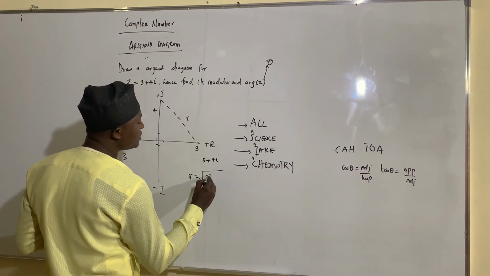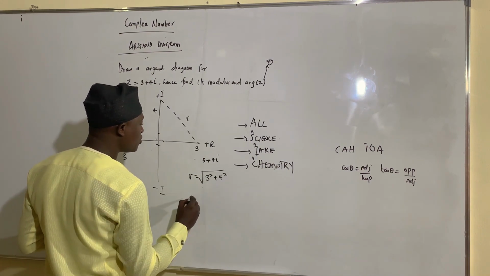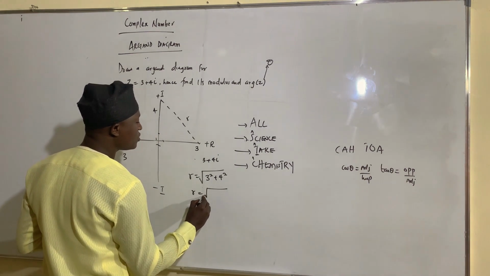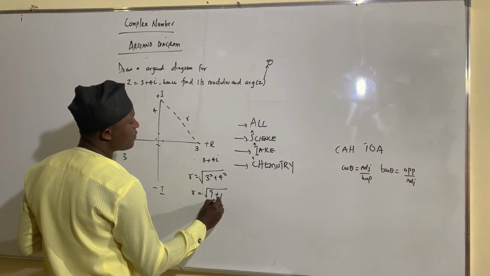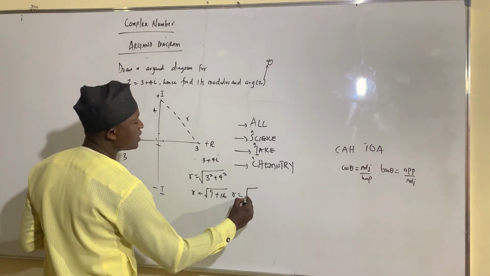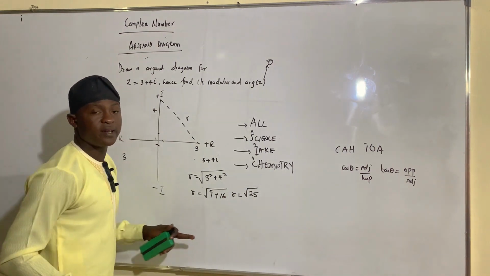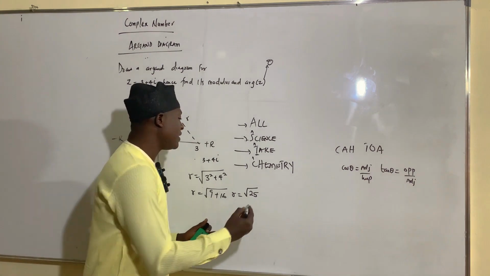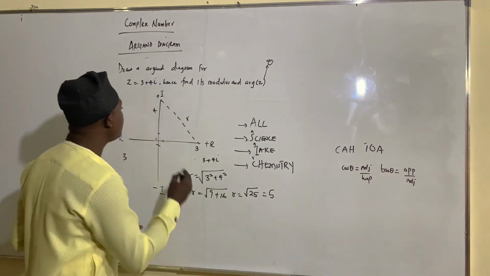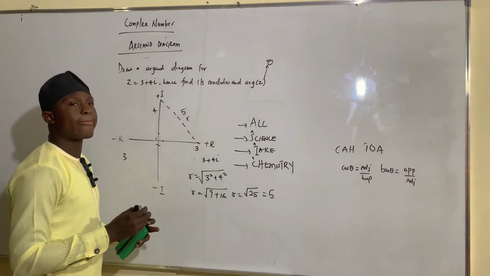That means 3 squared plus 4 squared. So r equals the square root of 9 plus 16, which gives us the square root of 25. And we know the square root of 25 is 5. So our modulus here is equal to 5.